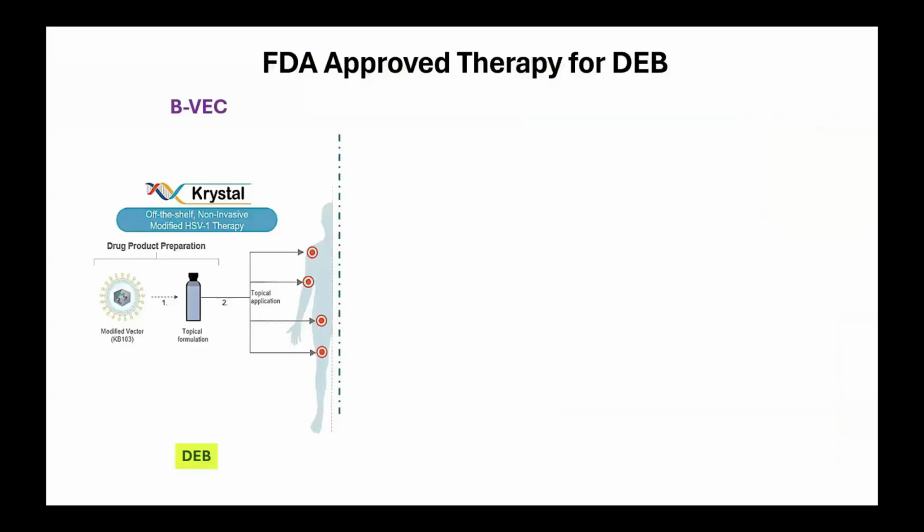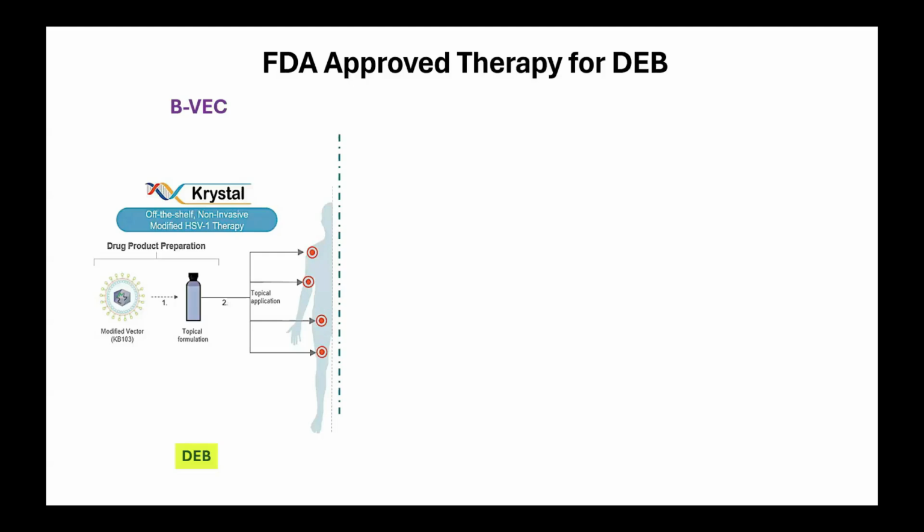So this is the first topical gene therapy for dystrophic EB from Krystal Biotech, using an HSV viral vector to deliver the collagen 7 gene into keratinocytes, or skin cells.